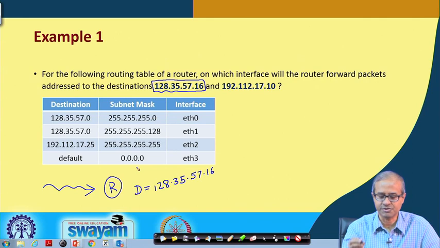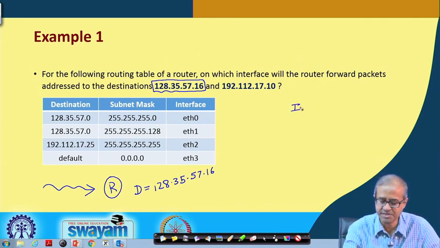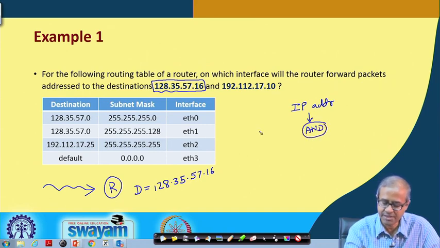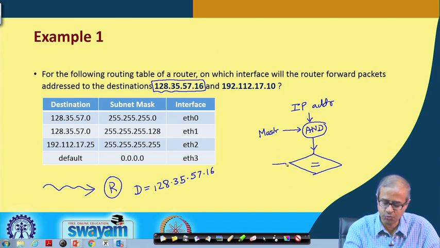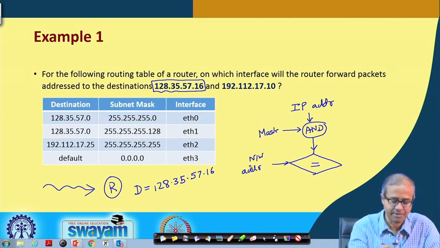So, what do we do? The rule is as follows. We have the IP address, as we already mentioned earlier. With the IP address, we do a bit by bit AND with the subnet mask, whatever is specified, and whatever you get after doing this ANDing, we compare whether it is equal to the network address or the host address which is specified in the routing table.